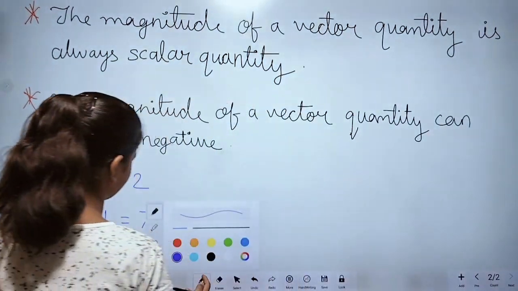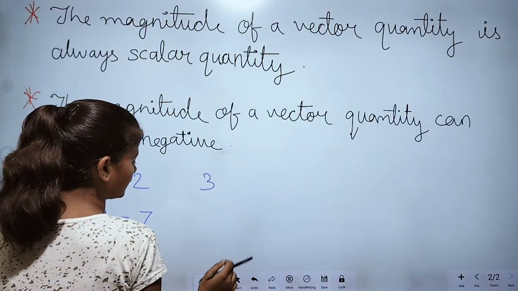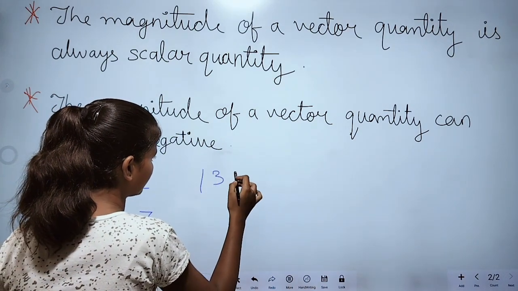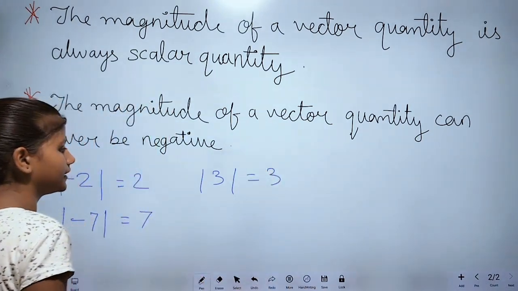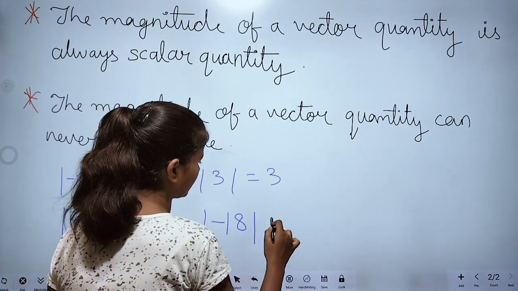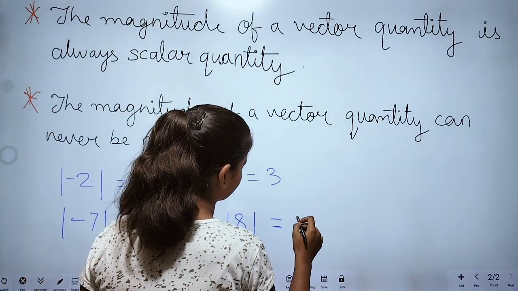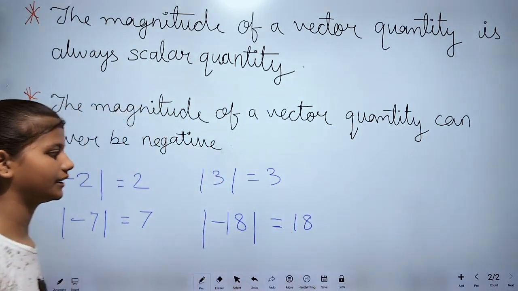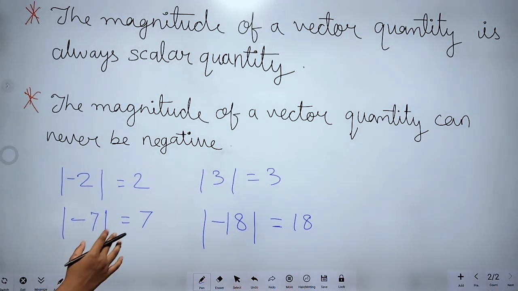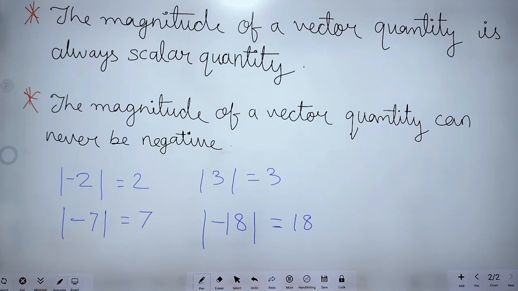There are many examples, like if there is positive 3 and we put modulus, then it is equal to 3. Minus 18, if we put modulus, then the minus is removed, 18. So modulus means always positive. When we put mod, then the minus is removed.